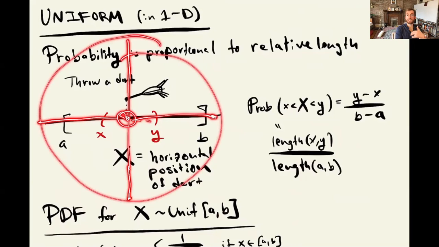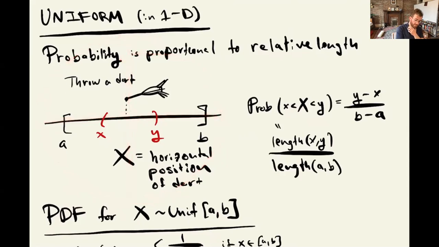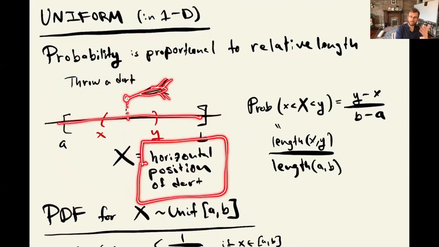That's essentially going to lead to the study of the uniform distribution for two variables or in two dimensions. But right now, let's just start with one dimension. So I throw my dart. Here's my dart. And then I record its x position. That's the horizontal position of the dart using Cartesian coordinates.